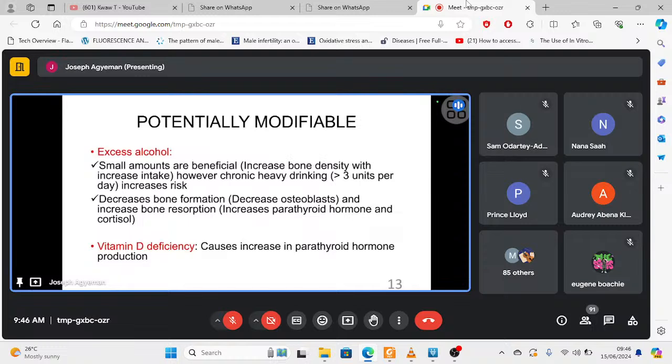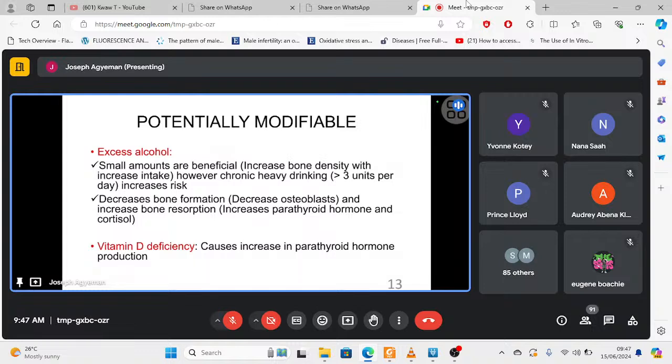But always remember that small amounts of alcohol do have beneficial effects. That is the finding. It can even improve your bone mineral density. A small amount of alcohol leads to an increase in bone mineral density. But when you take it in excess, it becomes poisonous.